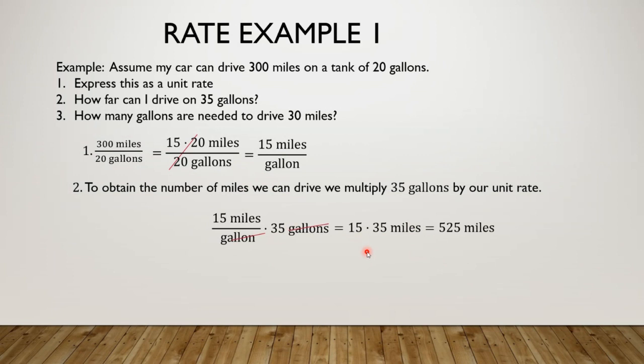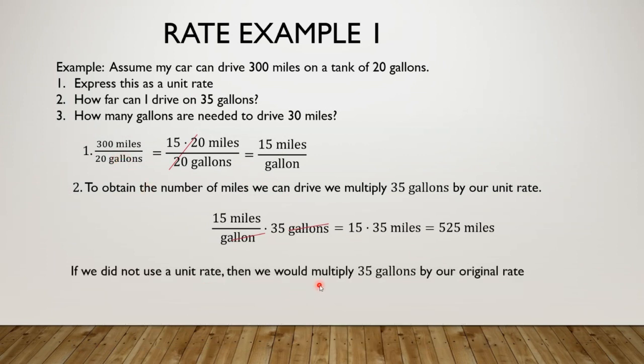Now you might be thinking, did we really need to do number 1? That is, did we really need to express this as a unit rate? Well, no, you didn't. What you could have done is just taken the 35 gallons and multiplied by this. So you could have just done this product. And just like up here, the units will cancel.